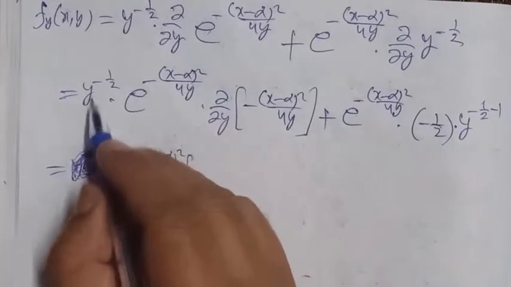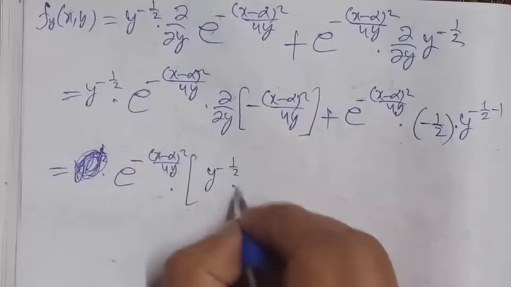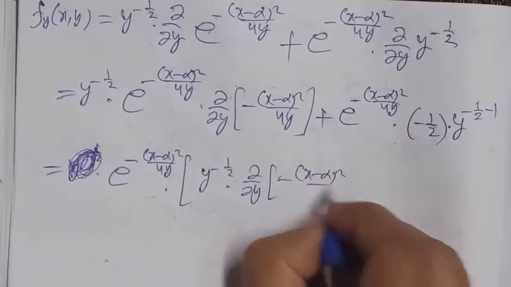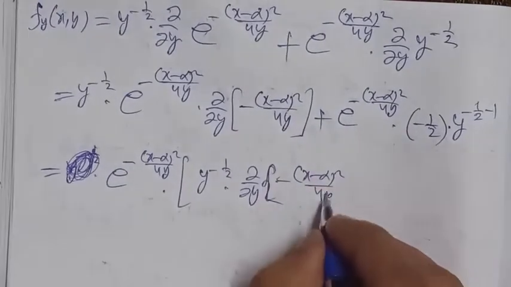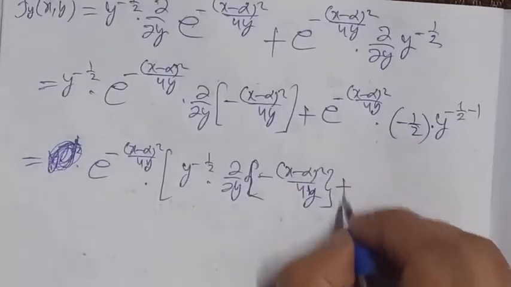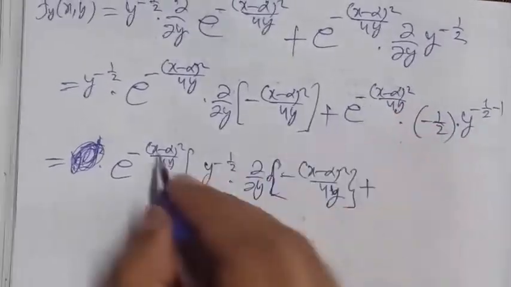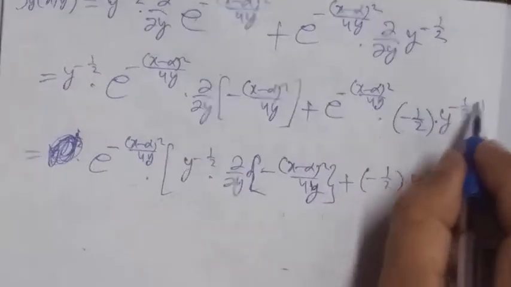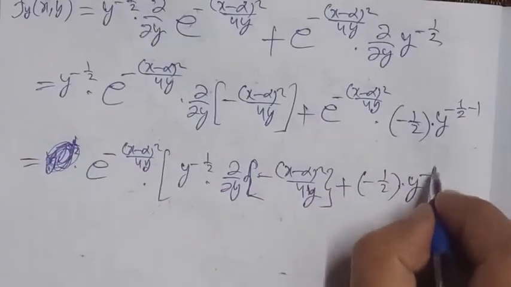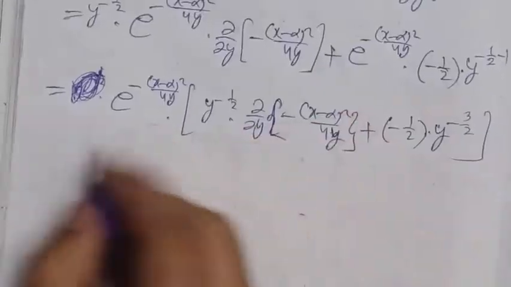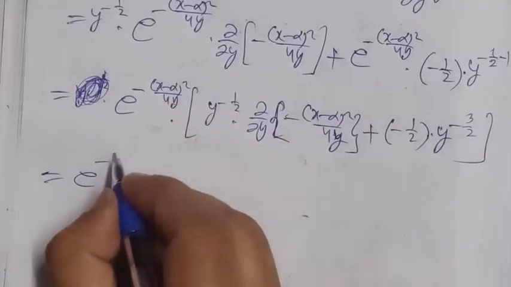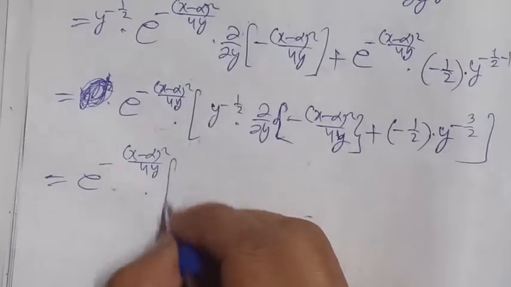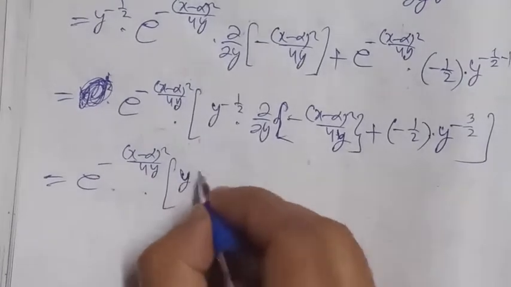From this and this we get y to the power minus 1 by 2 and del over del y of (x minus alpha) whole square upon 4y, and plus the other value out from this bracket, and we get y to the power 1 minus 1 by 2. We can add this value, which becomes minus 3 by 2, e to the power minus (x minus alpha) whole square upon 4y, and we go to the next factor minus 1 by 2.